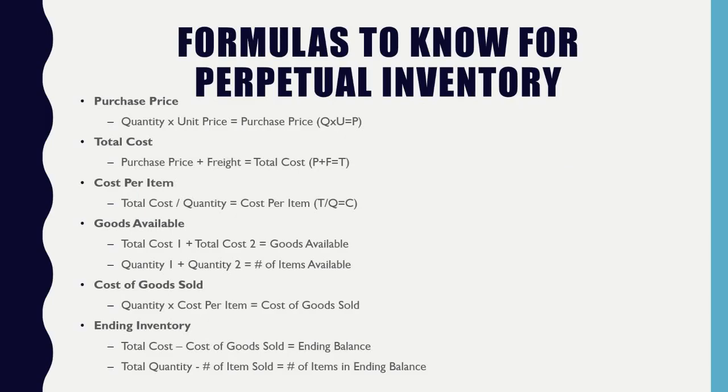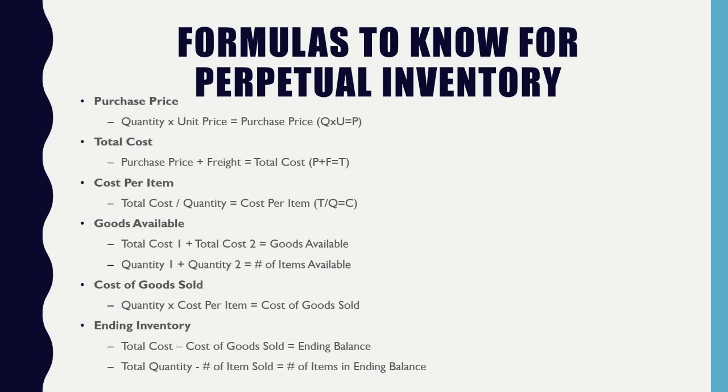All of this is going to be very familiar, because we know how to use periodic and FIFO. Now we're looking at perpetual FIFO. The idea is still the same, where you keep track of the first batches that you've purchased and slowly get rid of them.